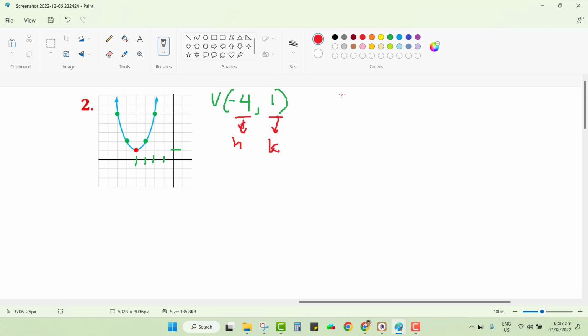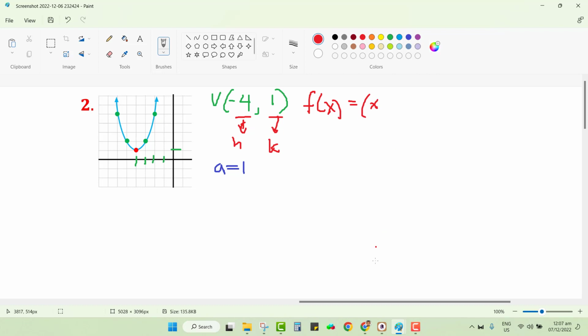So your vertex form, again with a equal to 1, will be 1, and you have x minus negative 4.